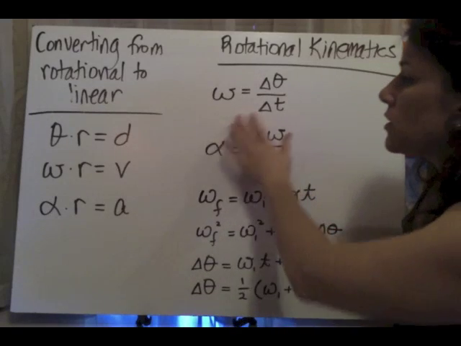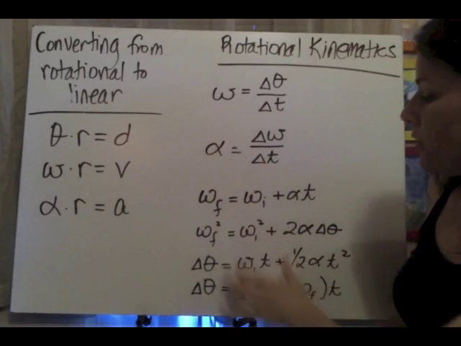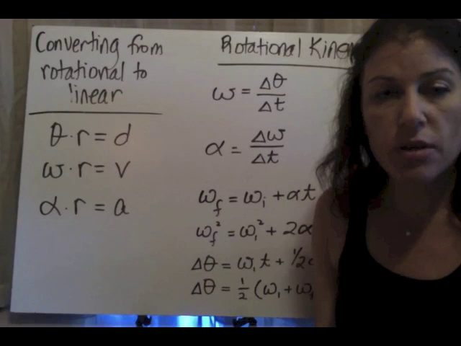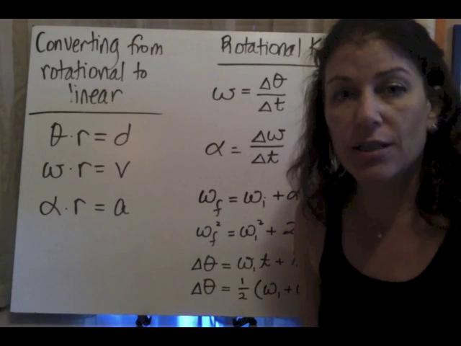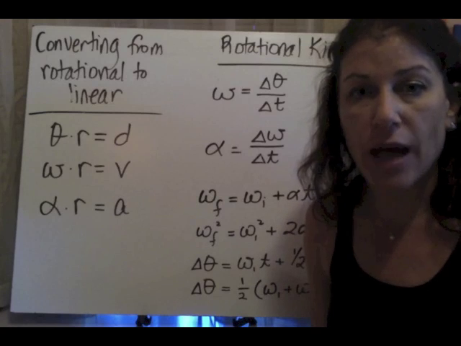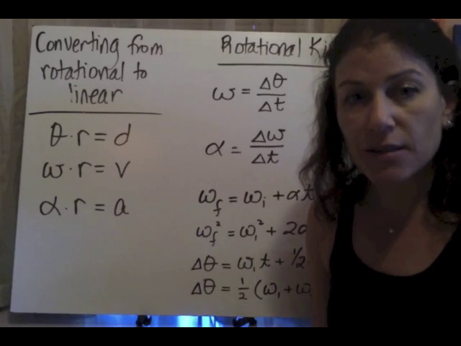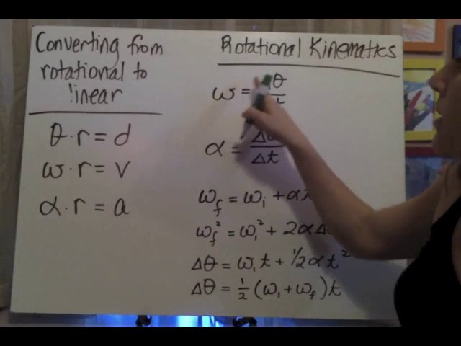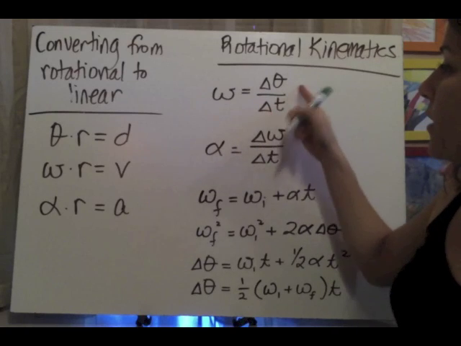I want you to look at these rotational kinematics equations, and I hope that you notice how similar they are in structure to the linear kinematics equations we have. They are identical except with the angular terms in them. So omega equals delta theta over delta t.